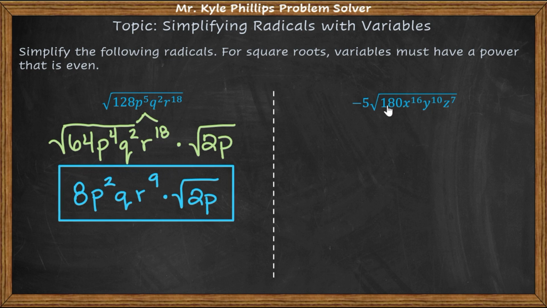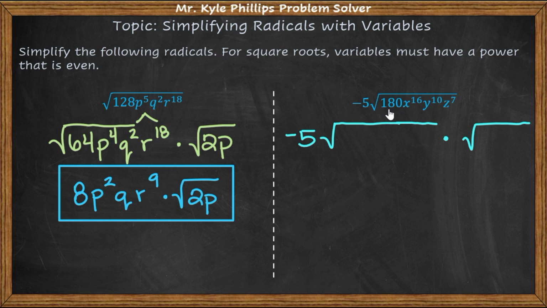Now, coming over here to this one, we're going to follow the exact same process. So here I have -5, and I'm going to do the exact same thing here that I did over here. I need 2 radicals. So here I'm going to say this is going to be the square root times this square root.